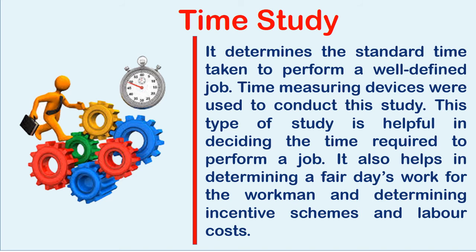For example, if my target is to have 4,000 units in a month, and I know a worker can complete 2080 units in a month, it means we require two workers. So all these studies can be done and the cost can be determined using time study.